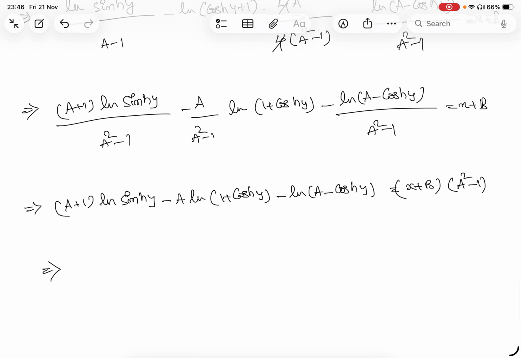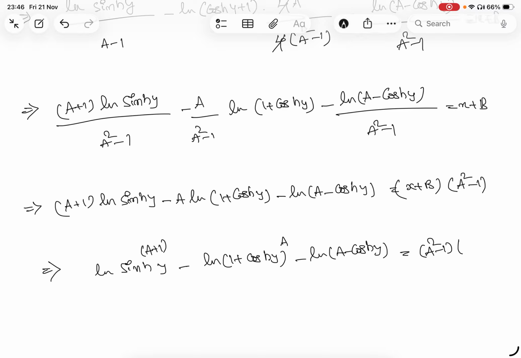Now m log a can be written as log a power m, right? So this can be ln of (sin hy) whole power (a plus 1) into y minus ln of (1 plus cos hy) whole power a, minus ln of (a minus cos hy), is equal to (a square minus 1) into x plus b.